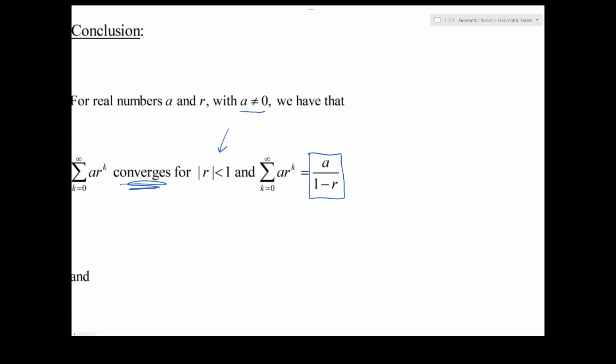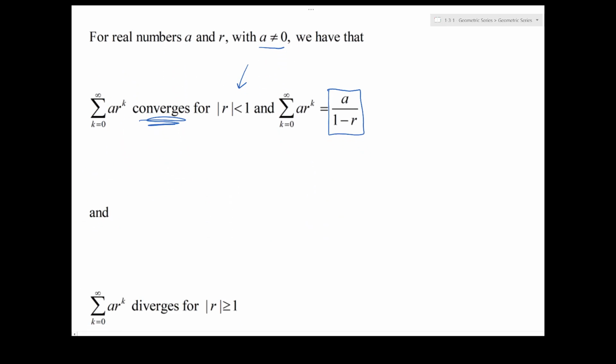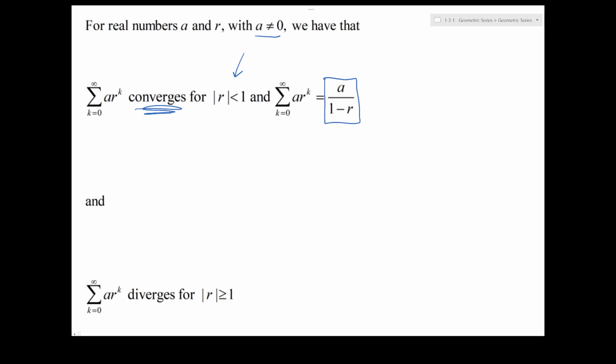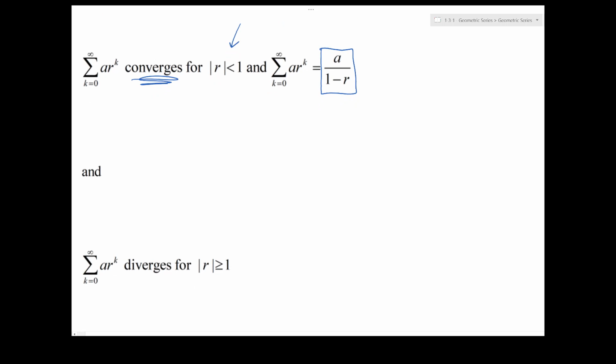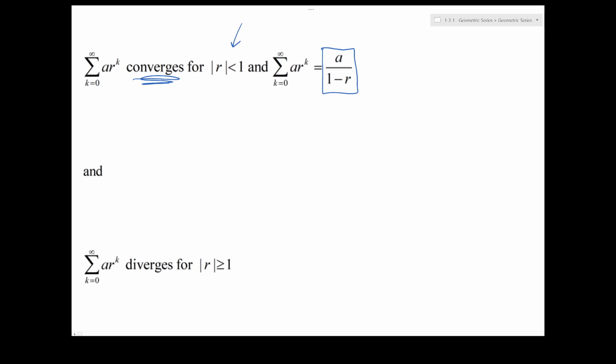Otherwise, it diverges. So basically, the first case is what we're really interested in, in the sense that we care about when it converges. And if it doesn't fit that first case, when the magnitude of r is less than 1, it's going to diverge. So we did it. We showed it. We defined what a geometric series is, and then we came up with when that series actually converges or diverges.